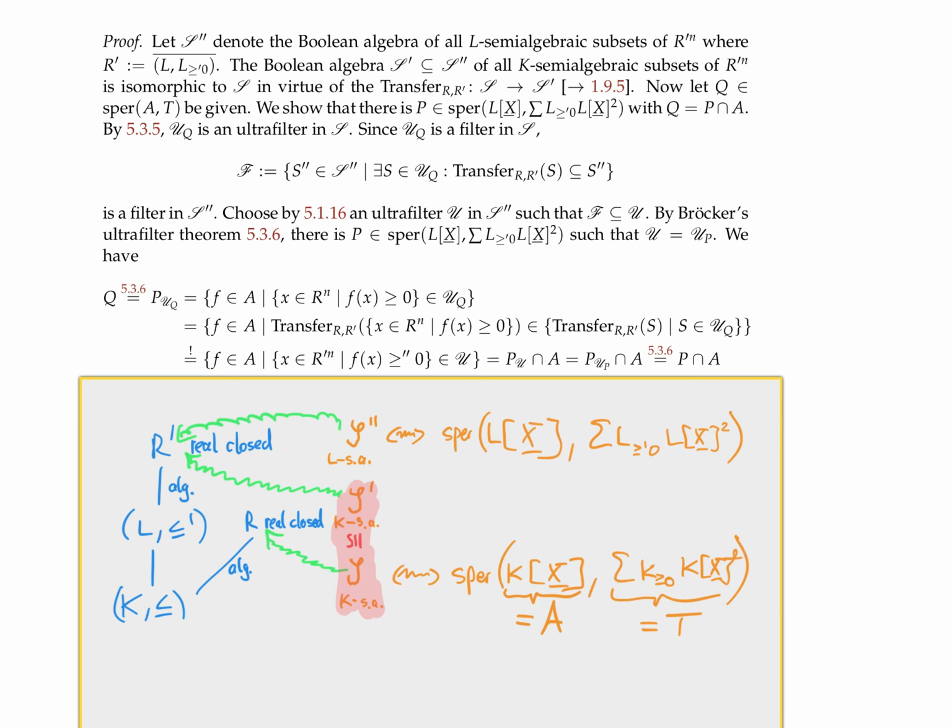And now here comes some equality with an exclamation mark. So we think about that later. So I claim that this is a set of all F in A such that this set here, so the solution set now in R prime to the n instead of R to the n of the same polynomial inequality, is an element of U, right?